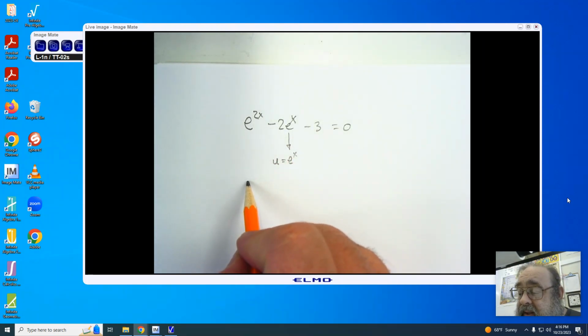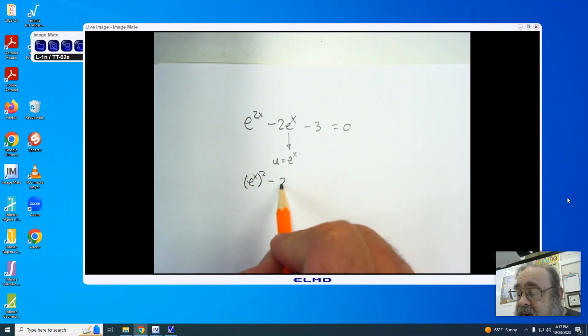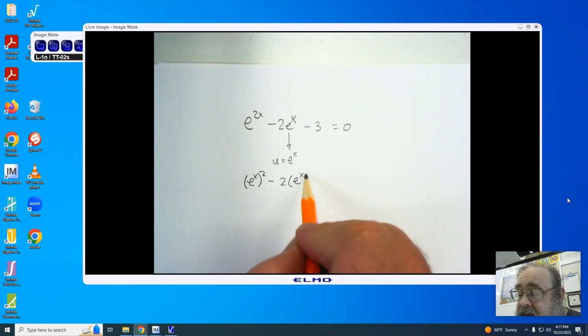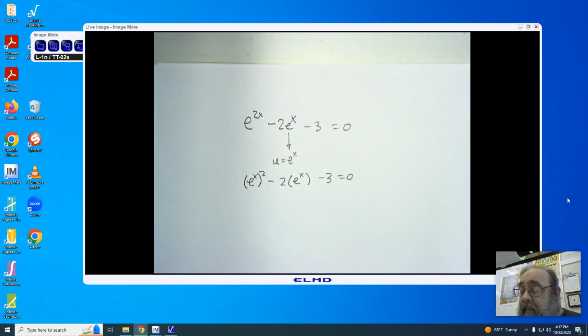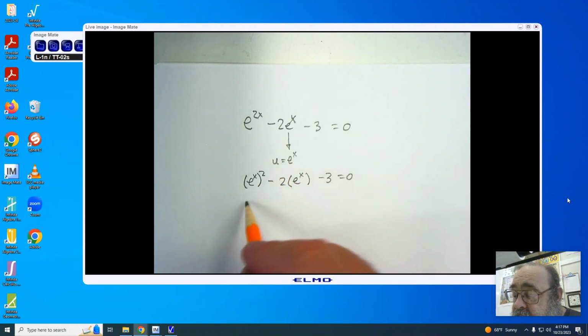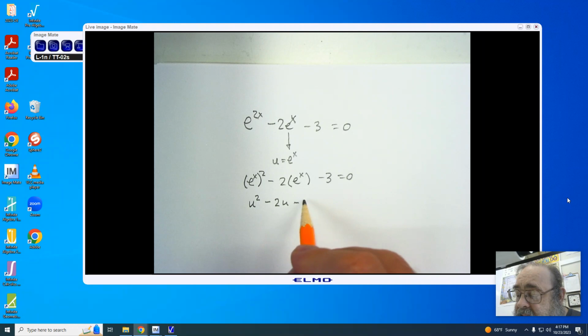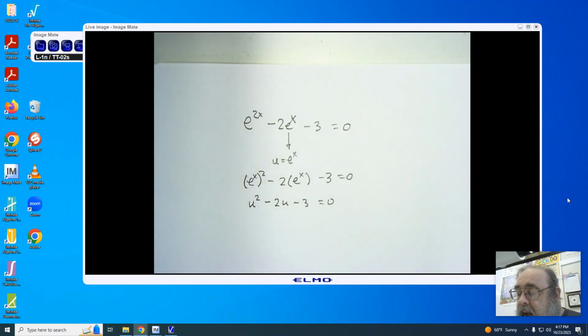And you'll notice that this is really e to the x, the quantity squared, minus 2 e to the x, minus 3 equaling 0. I'm now going to replace e to the x with a u. This is called a dummy variable and is used to take a complex piece and avoid using it for the time being until we know what it is. Then we'll go back and we'll solve it.